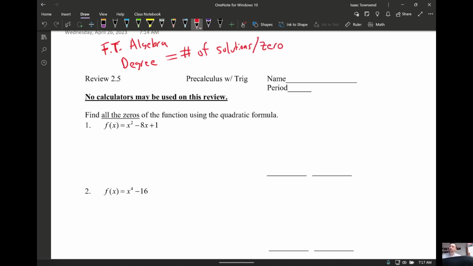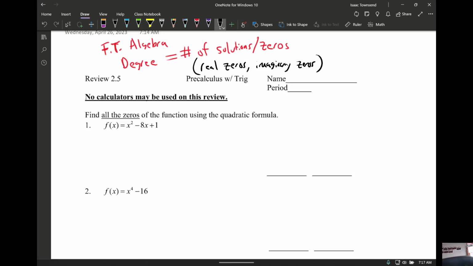Or number of zeros, same thing, interchangeable. Now sometimes these are real zeros, real solutions, and sometimes they are imaginary. But in total, you should have however many that matches up with the degree.